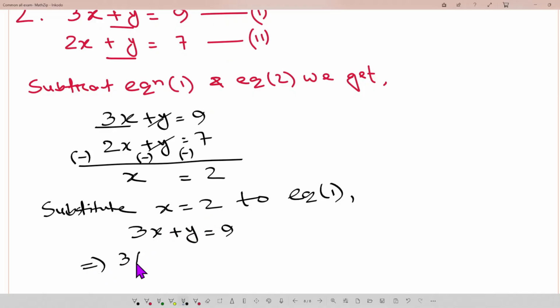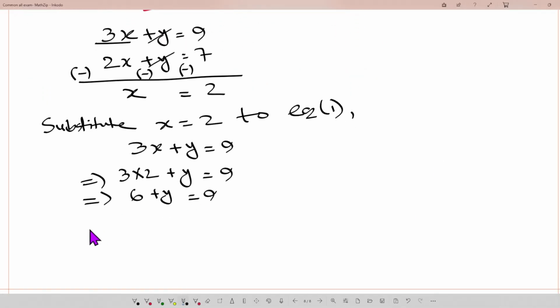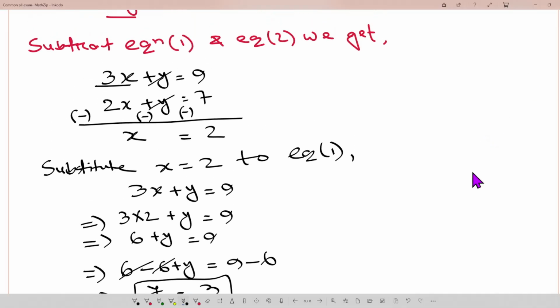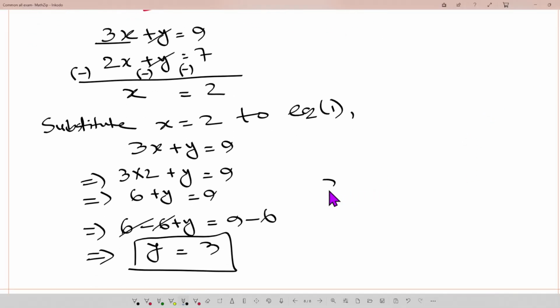We already have x equals 2, so 3 times 2 plus y equals 9. 3 times 2 is 6, plus y equals 9. Now we subtract 6 from both sides: 6 minus 6 plus y equals 9 minus 6. 6 minus 6 cancels out, so y equals 9 minus 6, which is 3, and this is our answer. So we have x and y as 2 and 3.